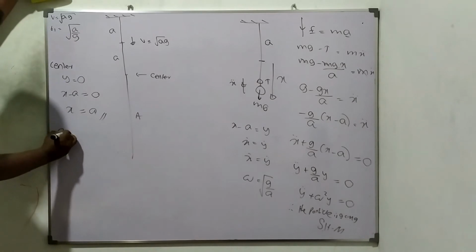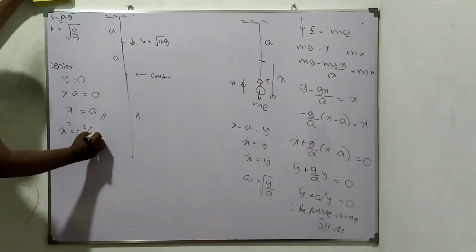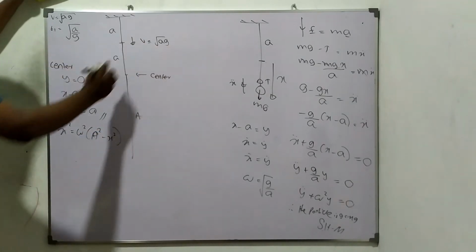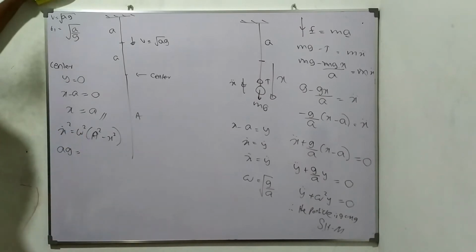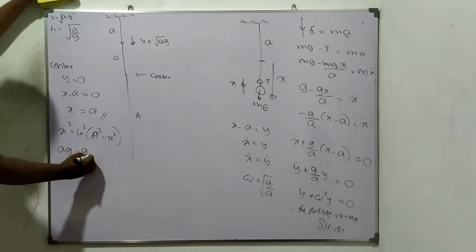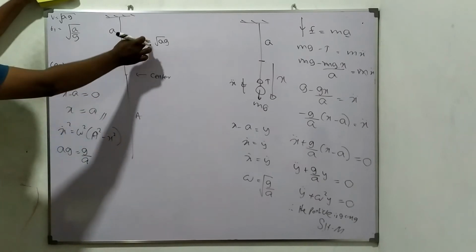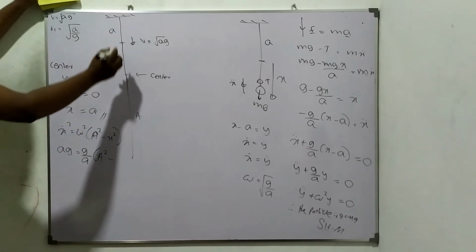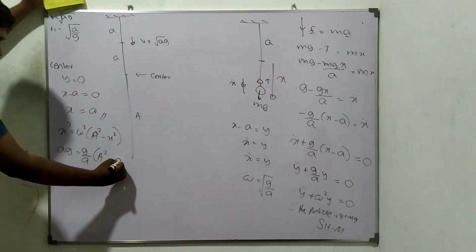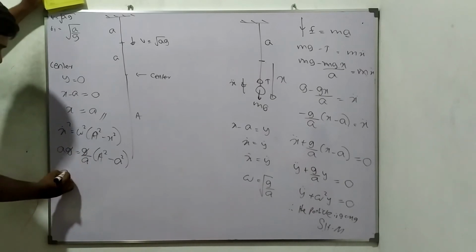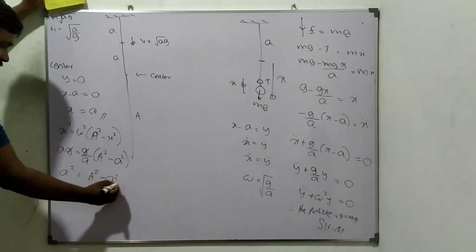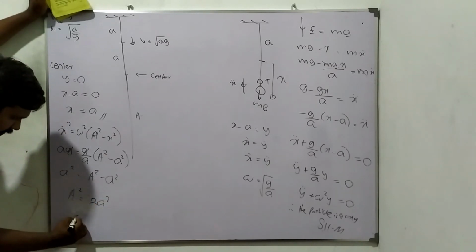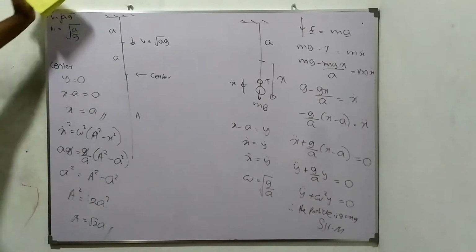So x dot squared equals omega squared times (amplitude squared minus x squared). This is ag equals g over a times (A squared minus a squared), where x is the distance from the center. G cancels, A squared minus a squared equals a squared, so A squared equals 2a squared, and A equals root 2 a. The amplitude is root 2 a.